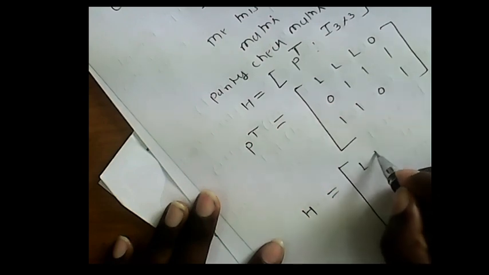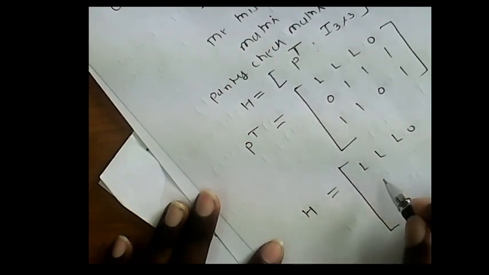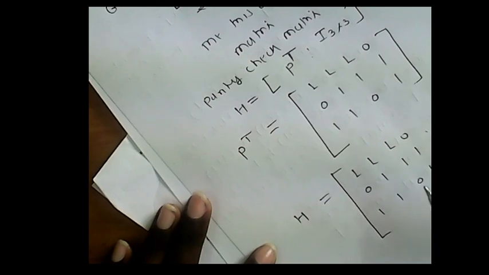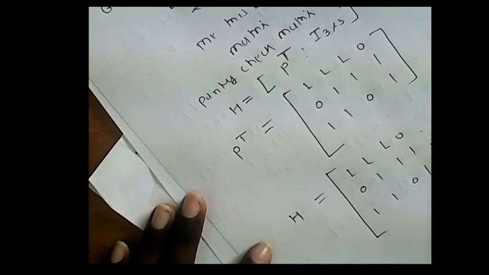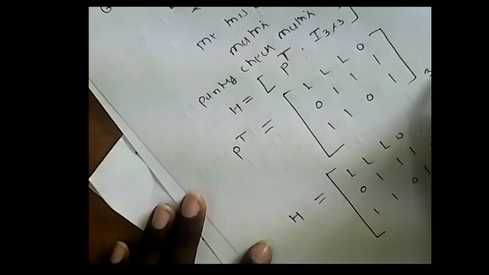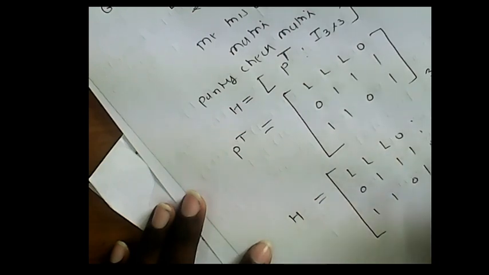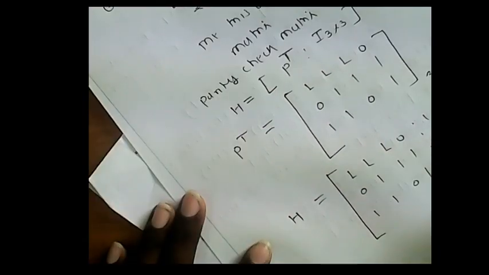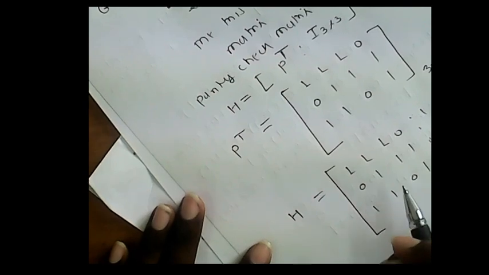So 1 1 1 0, 0 1 1 1, 1 1 0 1, and an identity matrix of order 3 by 3: 1 0 0, 0 1 0, 0 0 1. So this is your required parity check matrix.